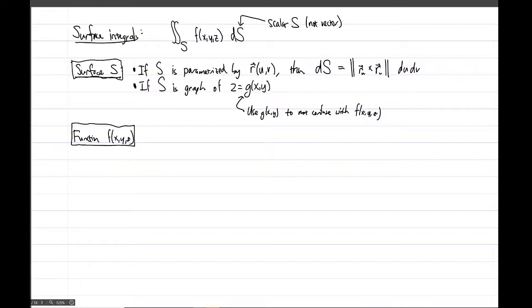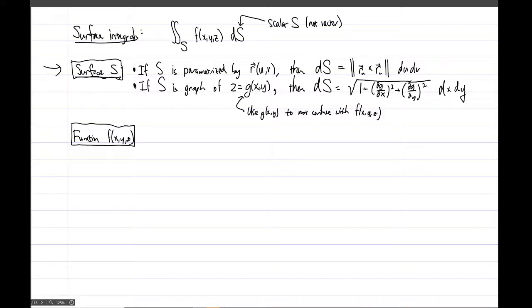If we're talking about the graph of a function of two input variables, then eventually later dS gets replaced with root 1 plus the partial derivative of g with respect to x squared plus the partial derivative of g with respect to y squared. And then, again, a dA, but just for now, we're going to write dx dy. This could also be a dy dx, or you could have polar coordinates or whatnot.